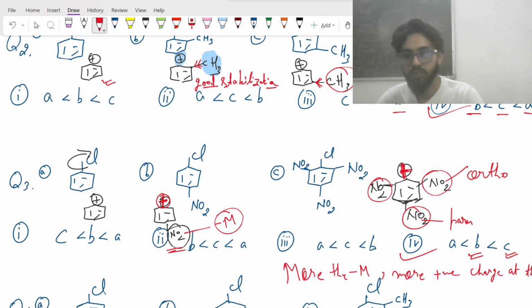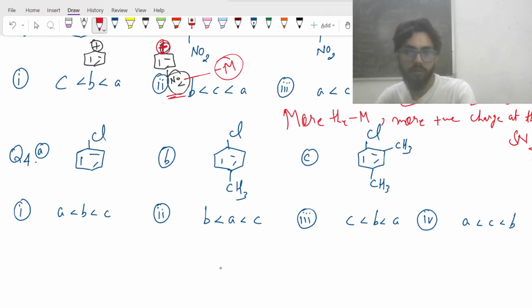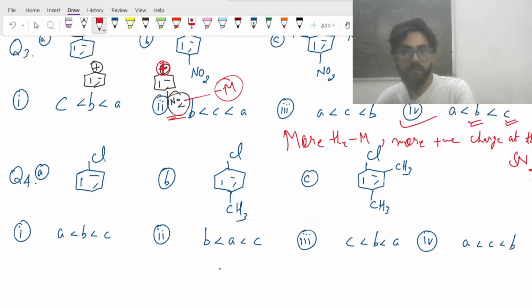And if there is more positive charge at the ring, it means SN favors it; the nucleophilic substitution reaction will go well. Now let's see this final question. So the answer of that question was the fourth one.